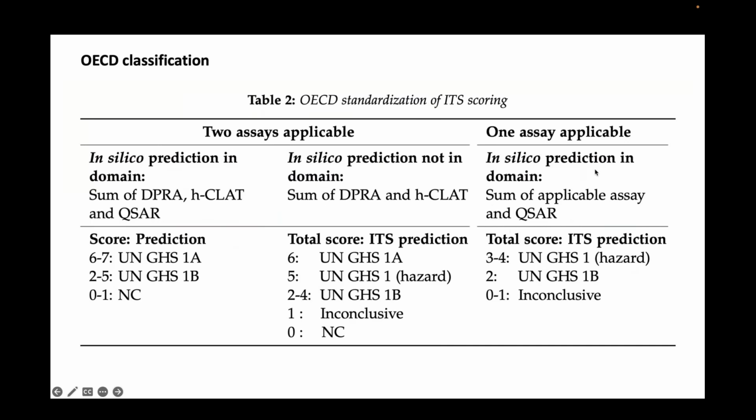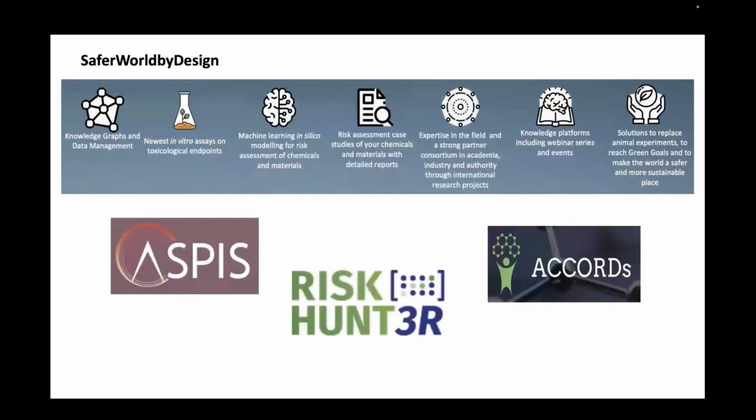And you might have the case where your in silico prediction is in domain and one assay is applicable, then you have to follow this procedure. But in the end, you get a score and you can classify your chemical based on this procedure as skin sensitizer or skin non-sensitizer, and even strong, weak, or moderate sensitizer.